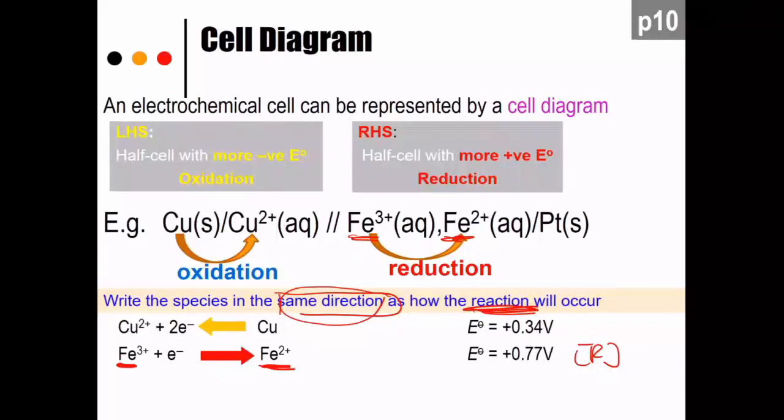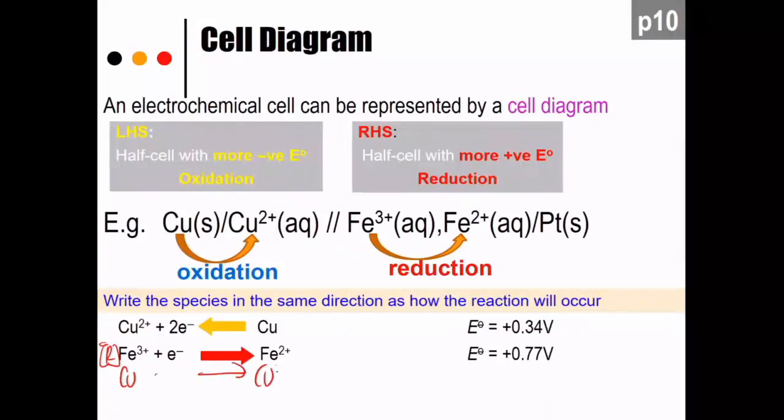Okay, now the next thing, another thing that you need to take note of in electrochemistry is balancing the equation. So this is the reduction reaction, and I know that copper undergoes oxidation. So it's copper as the reactant becoming copper 2 plus, giving out 2 moles of electrons.